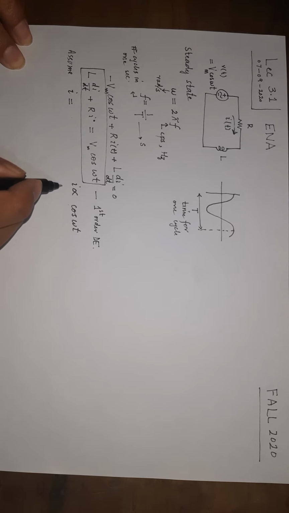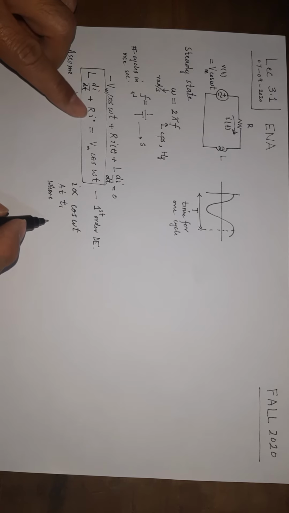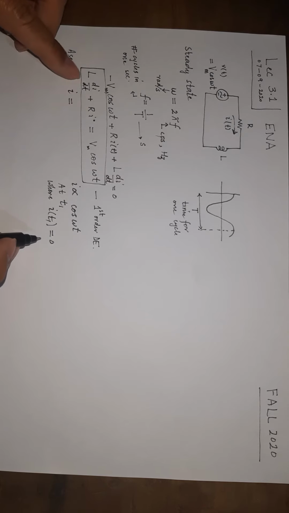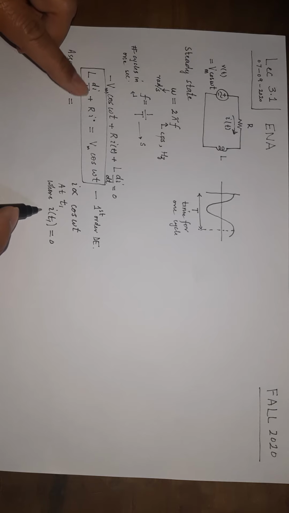So at some time, say t1, where I is 0, the derivative will not be 0. Do you understand this?